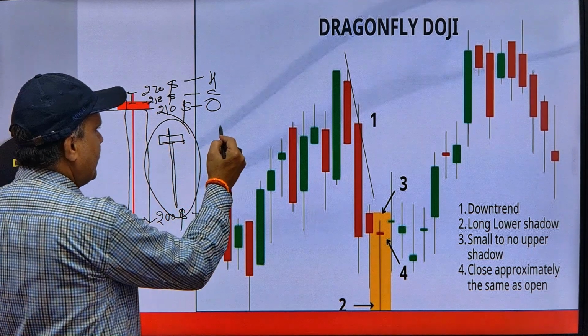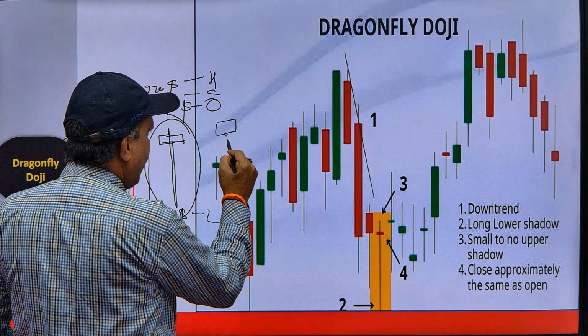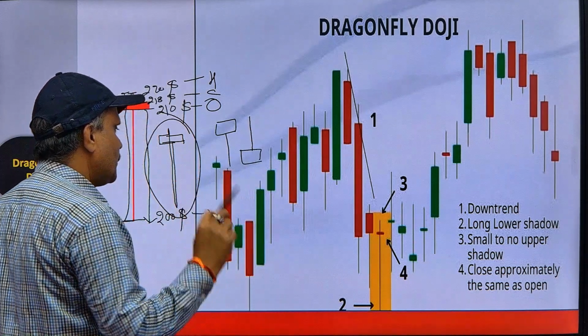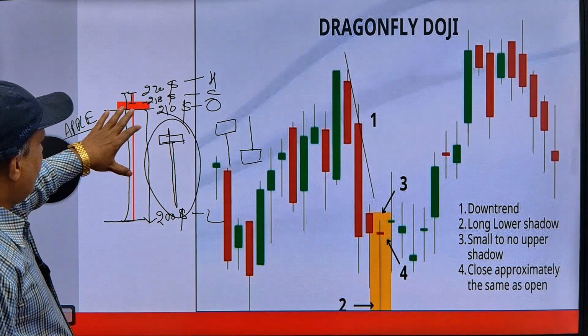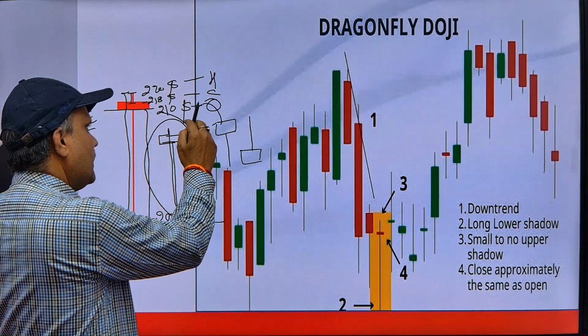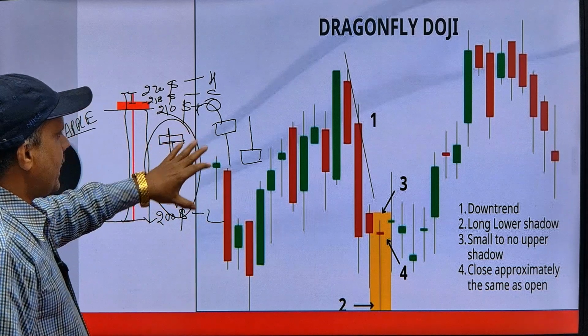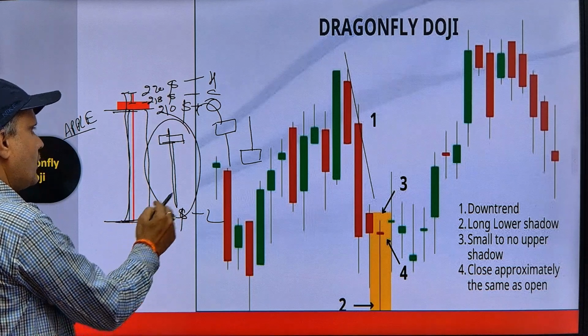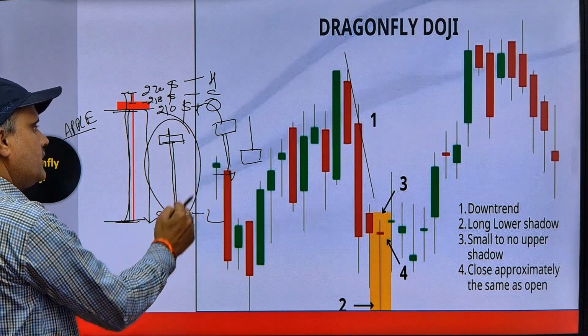It's the same pattern as the hammer or the inverted hammer. So you can say Dragonfly Doji works the same as the hammer, but it's more powerful than the hammer because the tail of the Dragonfly Doji is higher, longer than the hammer.